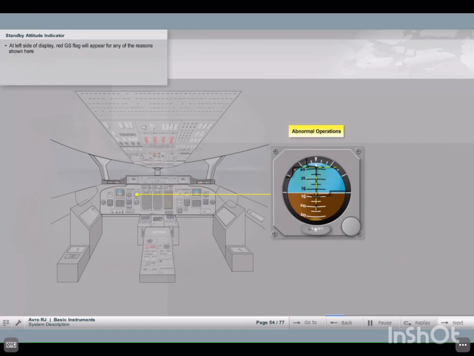At the left side of the display, a red GS flag will appear for any of the shown reasons. At the bottom of the display, a red LOC flag will appear for any of the shown reasons.